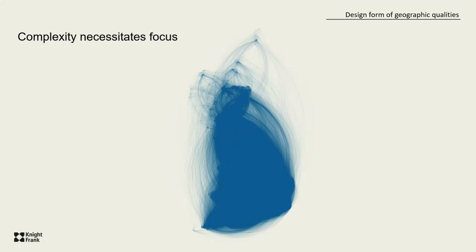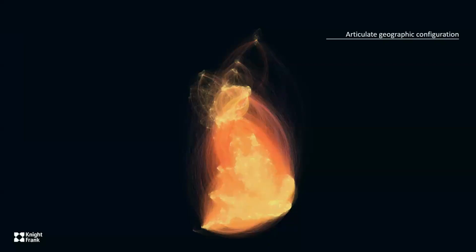So from this we can learn, okay, we've got visual complexity, we've got more information, we need to give it more focus. And to give it more focus, we might pick out a particularly interesting geographic quality in this volume of people that have moved house. We've got this geometry of a line between an origin and destination, that introduces an idea of variance in the distance of people that move. So here we've now encoded that quality of distance.